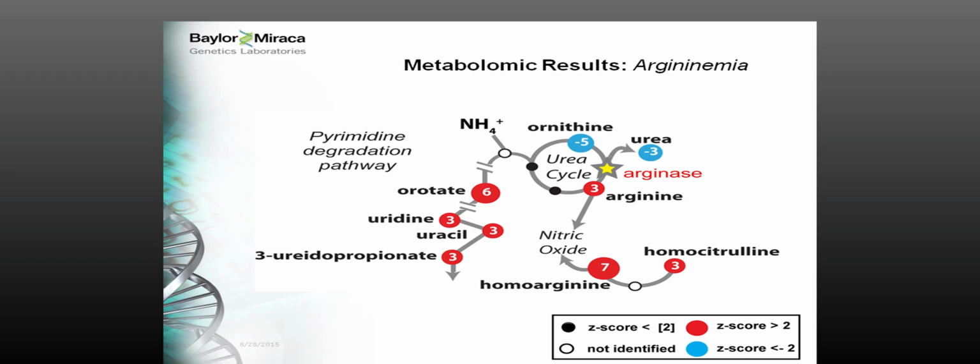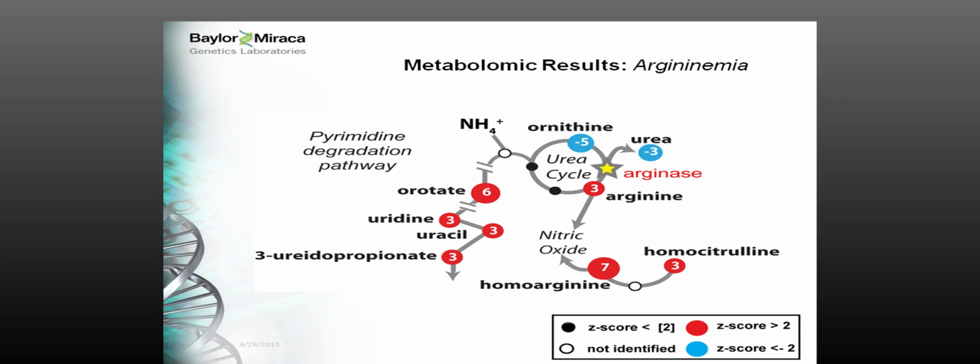Another interesting thing is that on a single test, we're able to see how a block in a particular pathway impacts other pathways. So these are a series of individuals with arginase deficiency, the block in the urea cycle shown there with the yellow star over on the right-hand side. You can see that arginine is elevated as you would expect in the urea cycle.